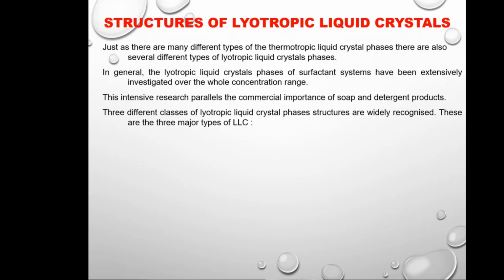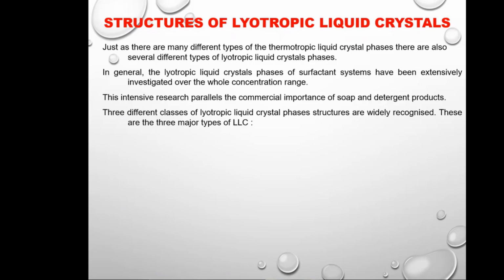The main difference is that to have a lyotropic liquid crystal, we need not only a molecule of a particular shape, but also we need to adjust the concentration of the molecule in the solution, the solvent, and it also is temperature dependent.